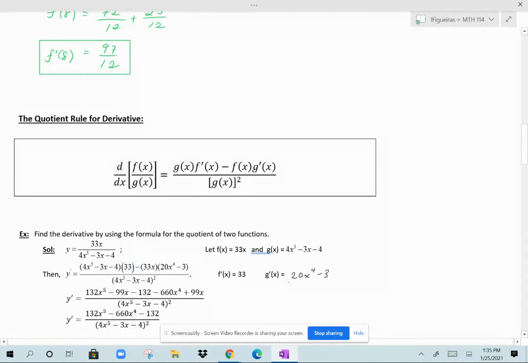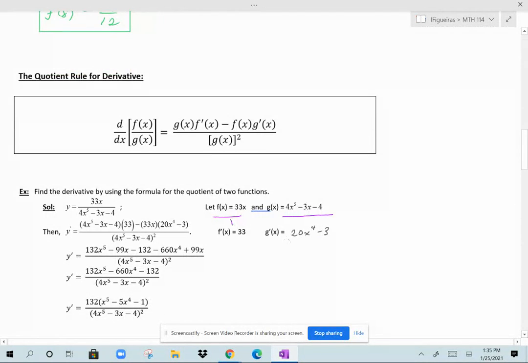So my numerator is what I'm calling f, so that's 33x. My denominator is g, that's 4x to the 5th minus 3x minus 4. F prime is 33. G prime is 20x to the 4th minus 3. So I just have to now plug in these values for f prime, g, and g prime into the formula.